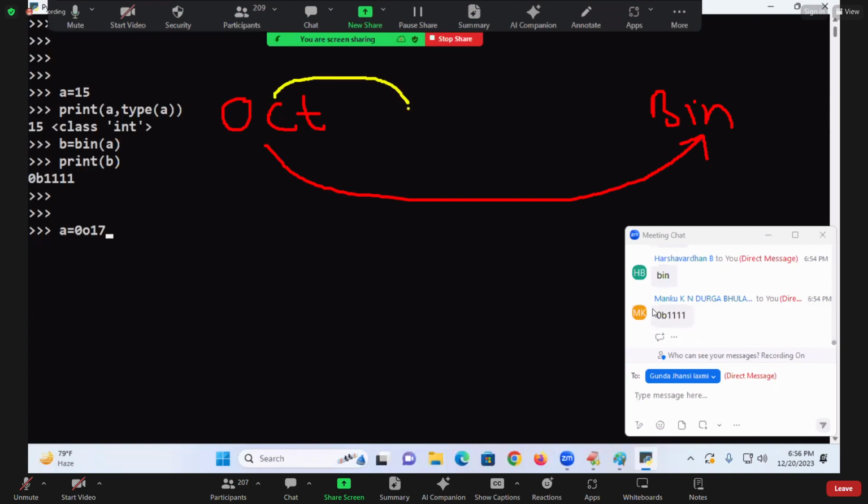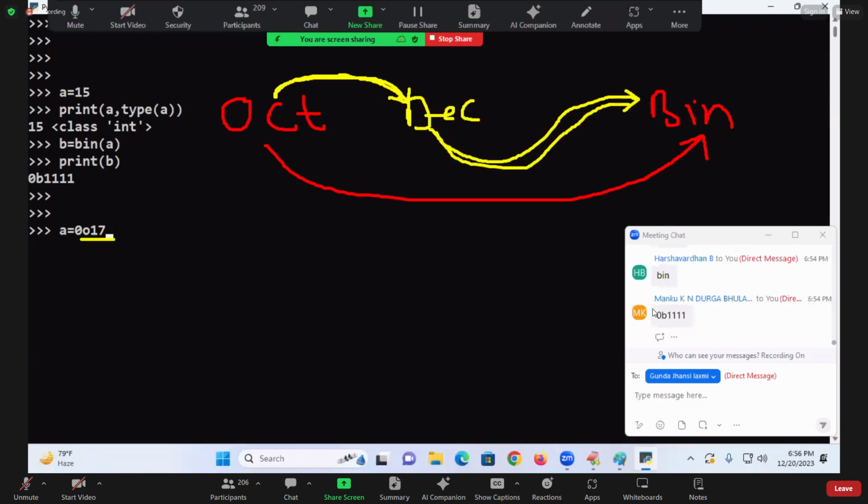For your understanding, octal I am converting into what first? Decimal. That decimal I am converting into binary. For your understanding, I am saying. Actually, not necessarily, directly I can convert. This is my direct route, right or not? For your understanding, octal to decimal, and decimal to binary.